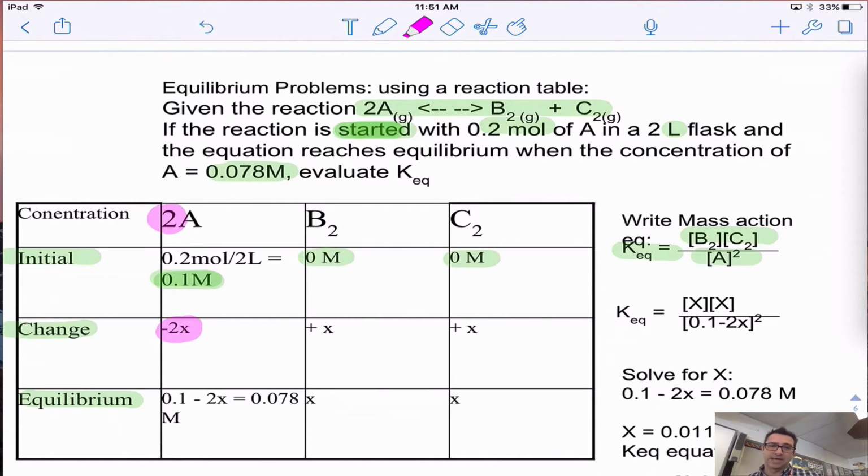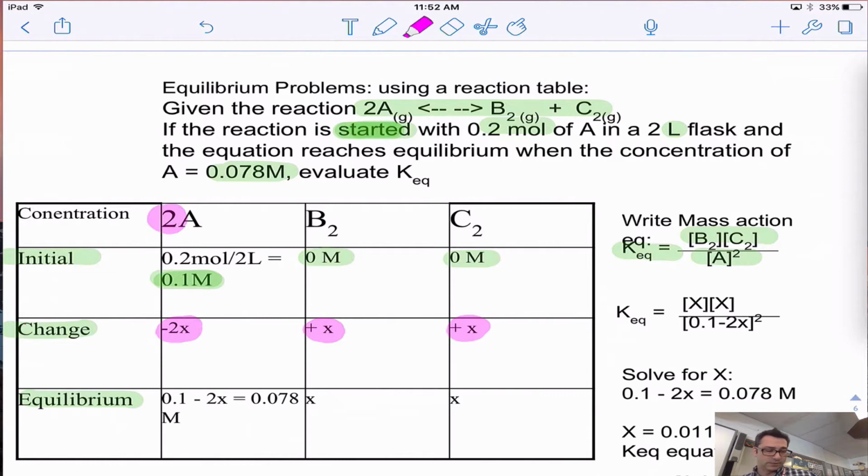We used up some of those reactants and formed products. And so we do minus 2x because A is being used up, that's the negative sign. The 2 is for the coefficient, and then x is because we're not really sure how much is changing yet. For B, it's a 1 in front, so it's plus 1x, and for C, it's a 1 in front, so it's plus x as well. You could do plus 1x if you really want to, but I just write plus x.